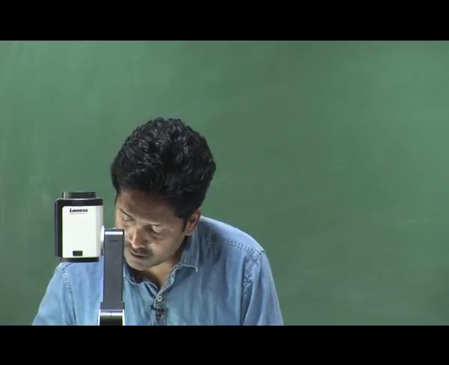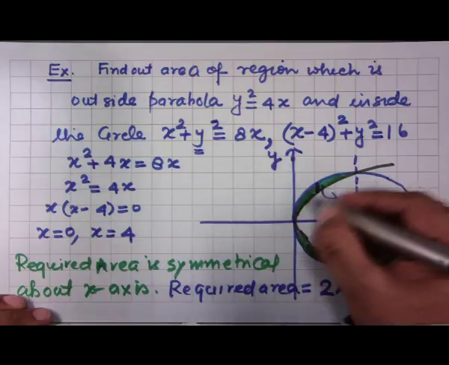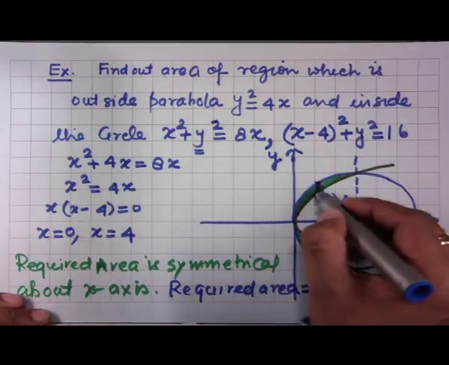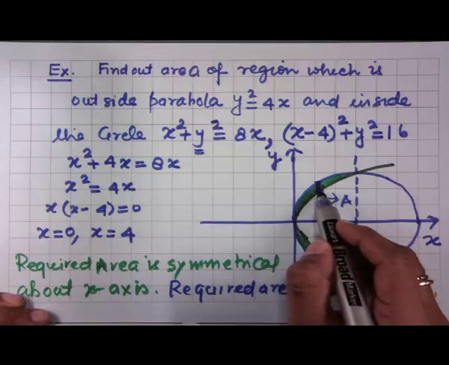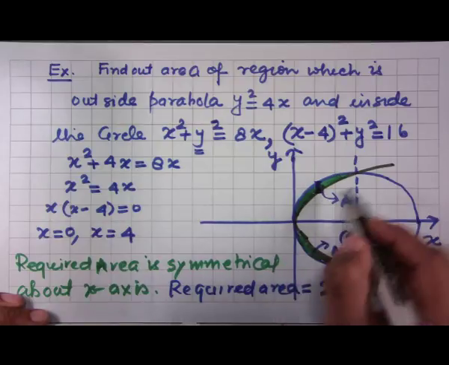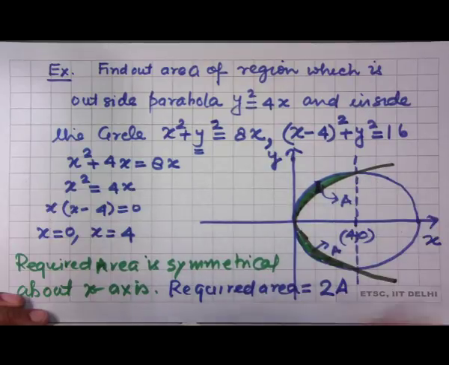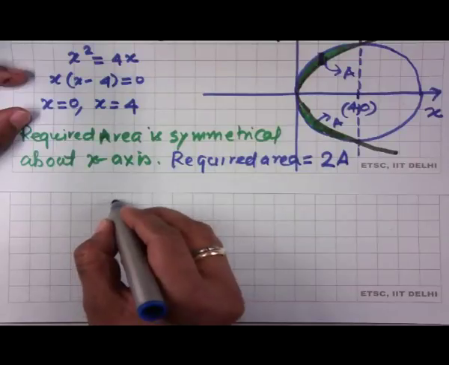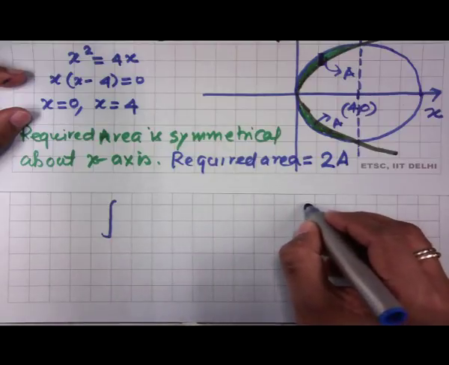Now, if you assume that this is the elementary strip, let us compute this area which is lying above x axis, which is outside the parabola and inside the circle. So, if this is the strip elementary area of dx length, height will be value of y from circle minus value of y from parabola. So, your elementary area will be y from circle. So, you need to solve it for y.